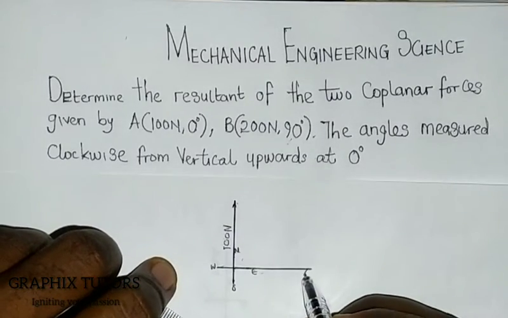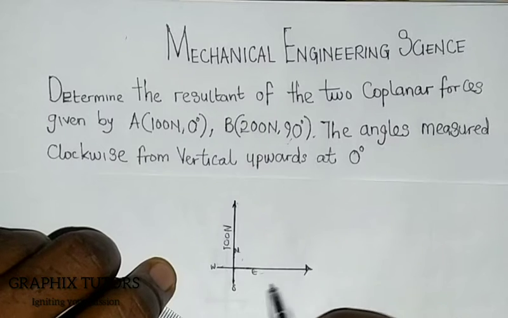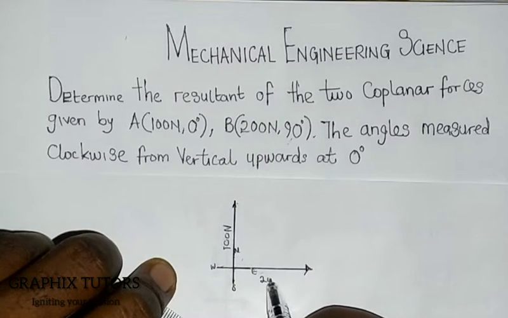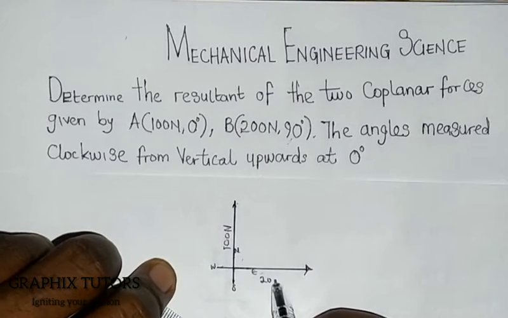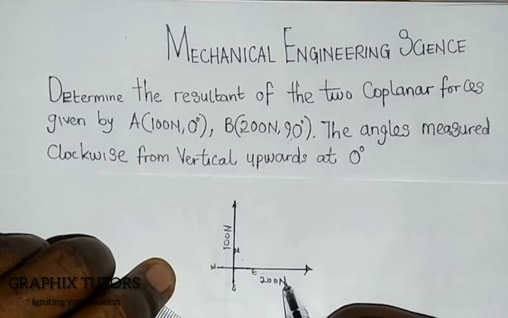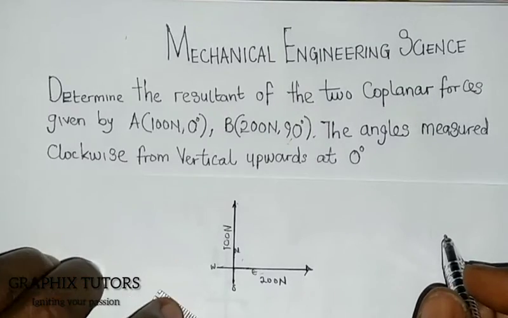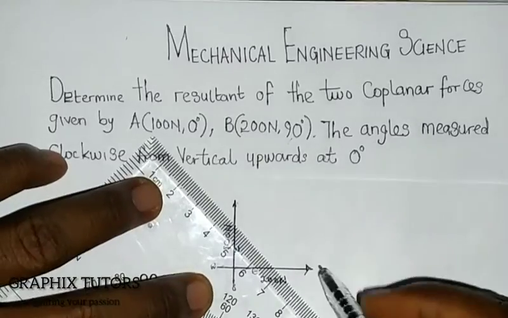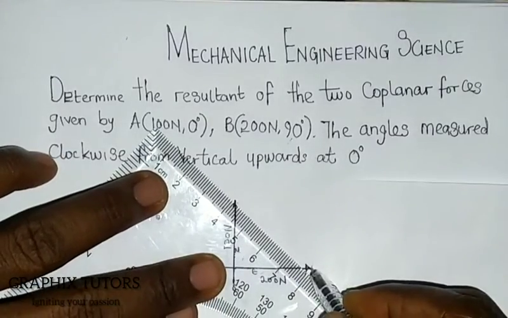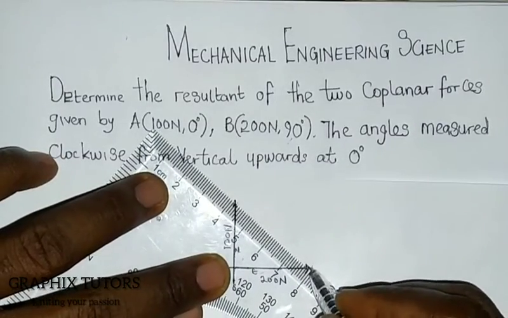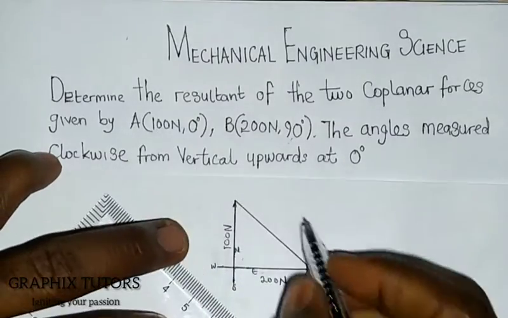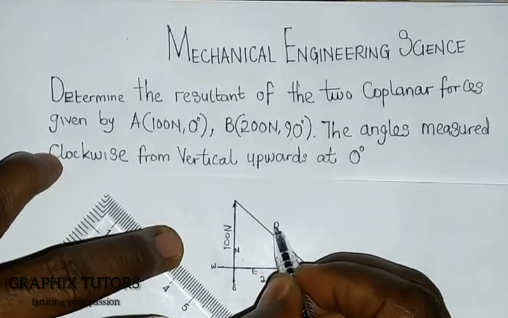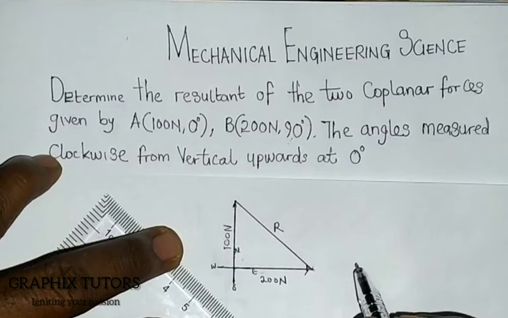So from here to here is our 200 Newton. Now the resultant force will be that single force that is going to be connecting 0 and 90 together. So this is our resultant force. Are we good?